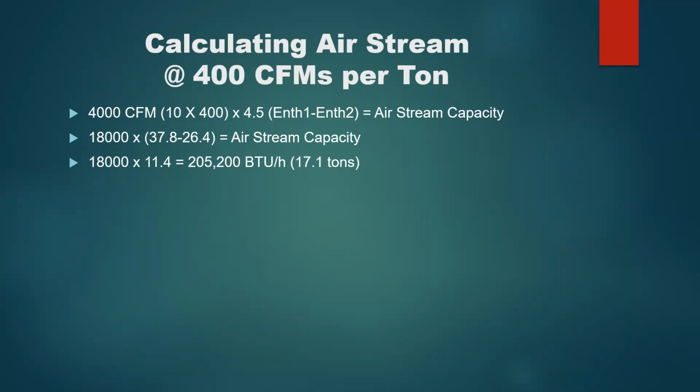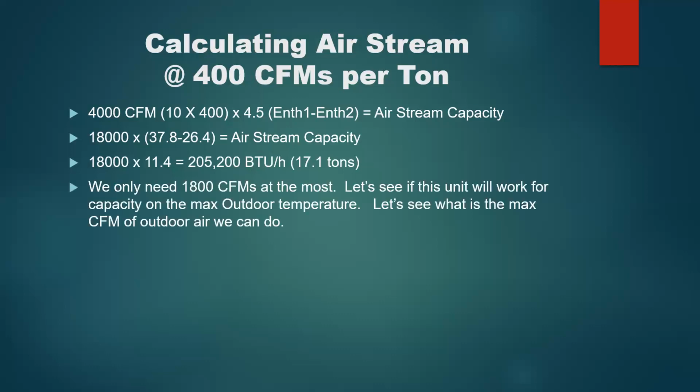So the airstream has more energy in it, at the rate that we're moving the air, than what the unit could handle. So it never could get down to dew point. But we're not worried about that, because we only need 1,800 CFMs. So let's see what the capacity is at the max outdoor temperature. Now we know the capacity of the unit is 120,000 BTUs.